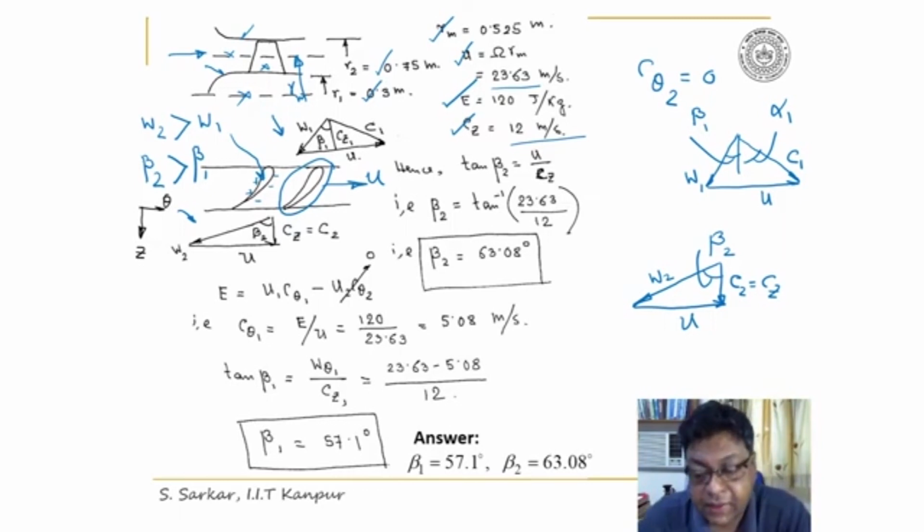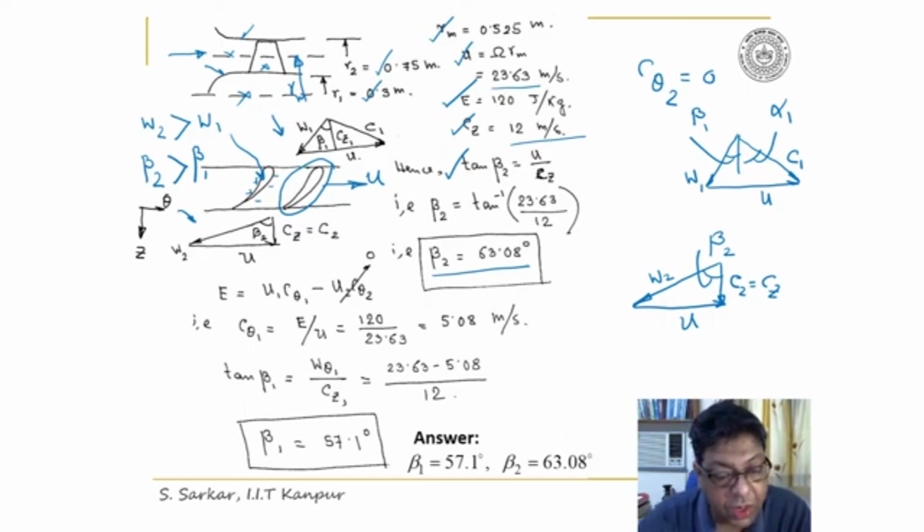Let's start simple after drawing the velocity triangle. So first I'll calculate beta 2. So tan beta 2 is equal to U by Cz. U I know is 23.63, Cz is given as 12. So beta 2 I have calculated here as 63.08.